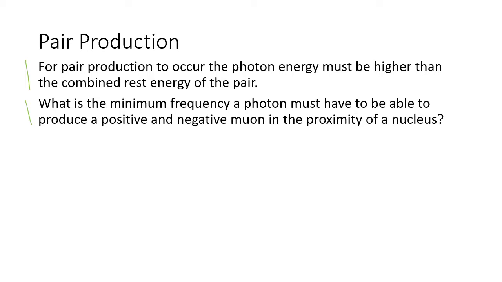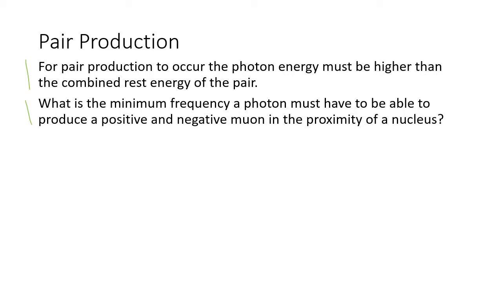Now, of course, that means that our photon has to be 207 times more energetic than it was to create a pair of electrons, because we remember from earlier on that the muon is 207 times heavier than the electron. So the answer must be: the minimum energy of our photon must be 207 times the minimum energy necessary to do electron-positron pair production.